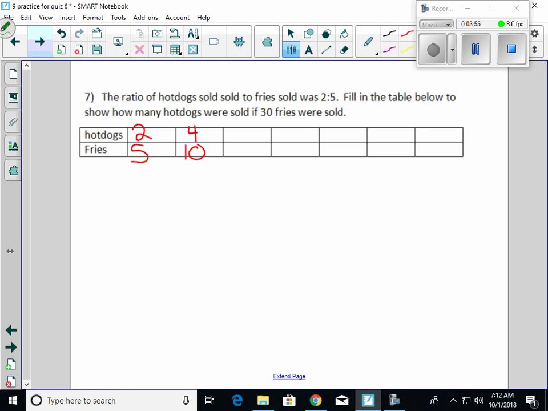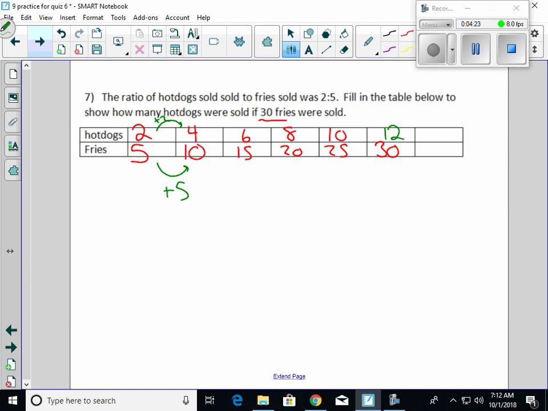Every time I go up by 2 for hot dogs, I have to go up by 5 for fries. And I have to keep going until I get up to 30 fries. For fries, 5, 10, 15, 20, 25, 30. 2, 4, 6, 8, 10, 12.